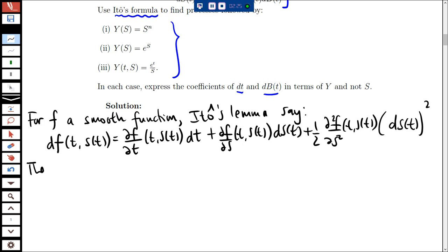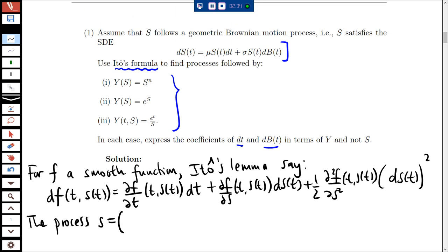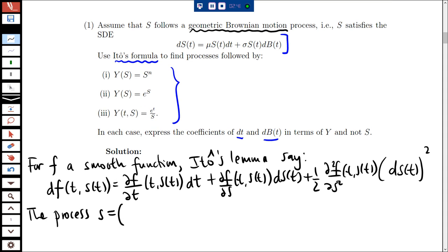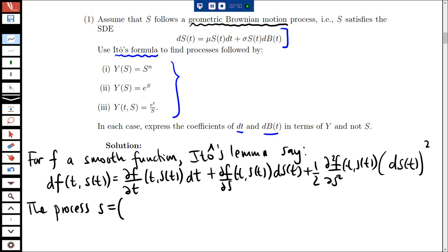We also know that the process S follows a geometric Brownian motion. This will not be given in an exam. You might be expected to explain it or define it or use it or prove various things that come from this particular model. So in this question, conveniently it is stated for you.